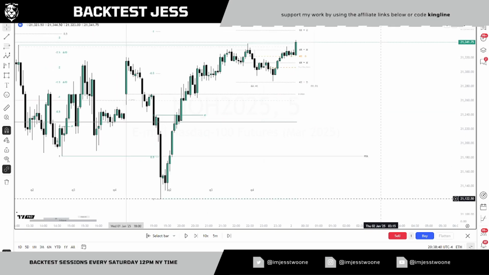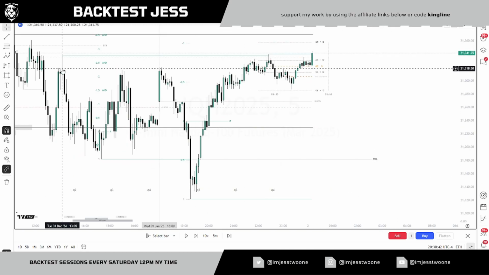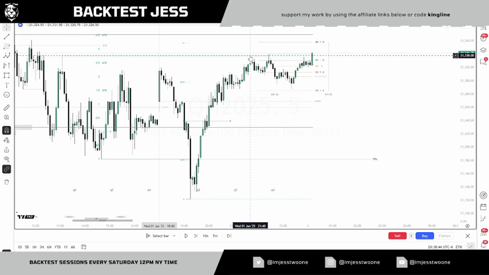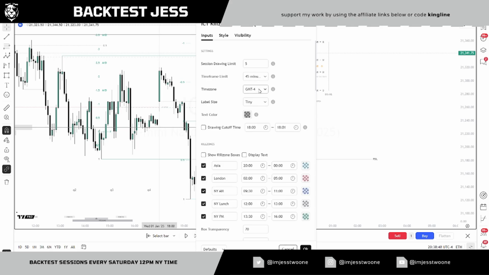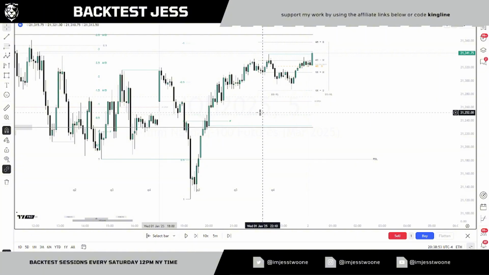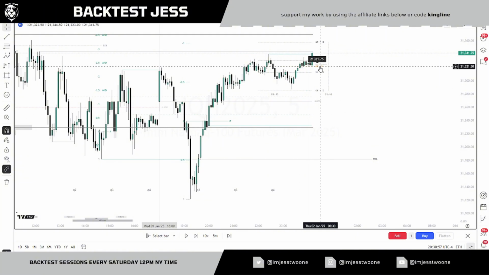Oh, hold on a second, guys. I have to change this. This is on UTC 4. It needs to be on 5 for the moment. Wait, that's 10. I went in the wrong direction.